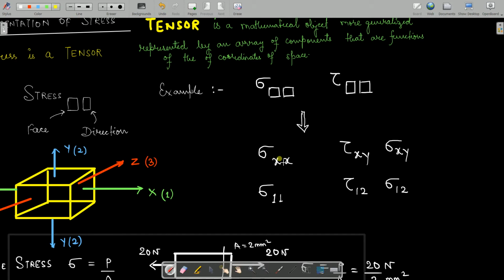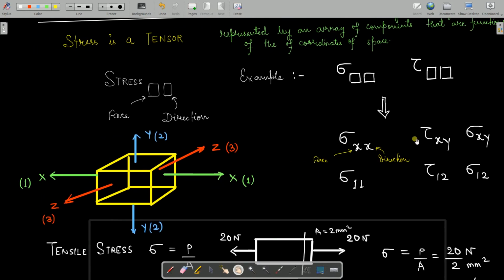If I am writing x and x, the first x represents phase, the second one represents direction. Clear? Here also if you are writing tau xy or sigma xy, the first one represents phase, the second one represents direction. Now some people follow this xy convention, some people follow the 1-2 convention. So don't get confused, both are the same.